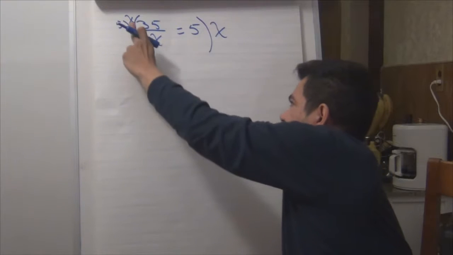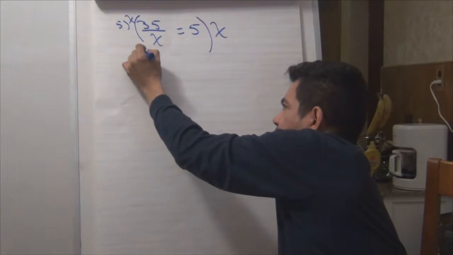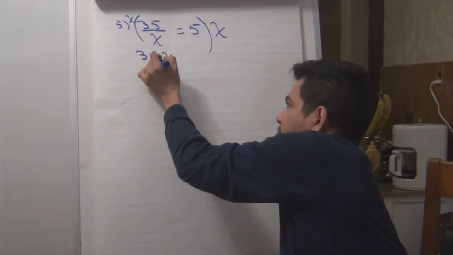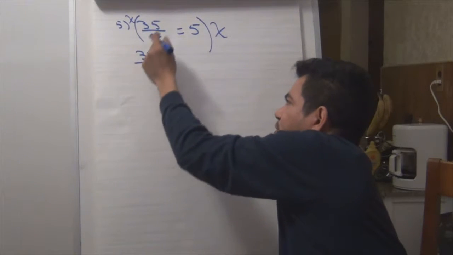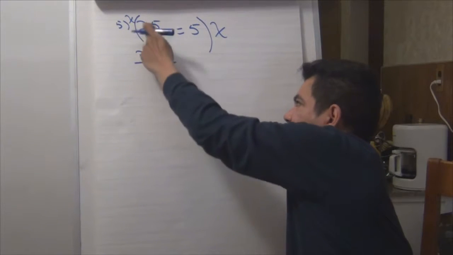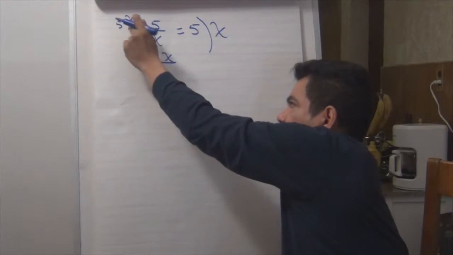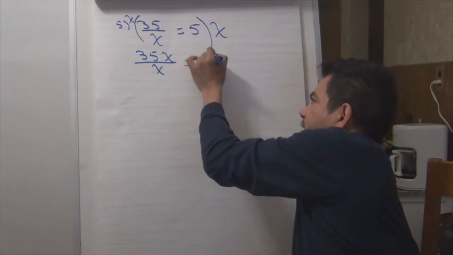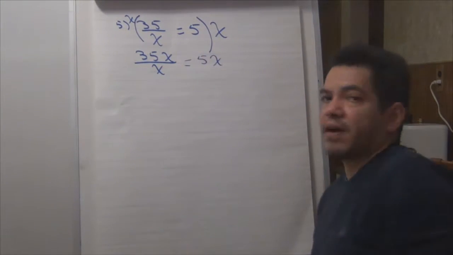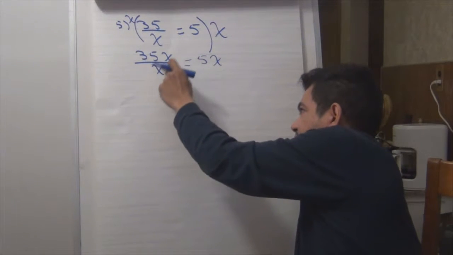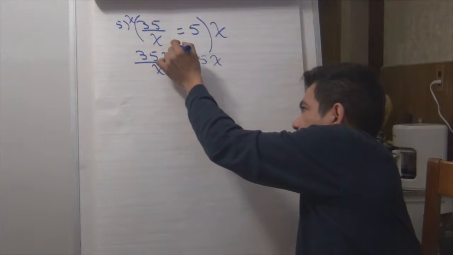So what do I have here? X times 35 becomes 35x, and then over x. If you want to put a 1 under the x, that's fine. All right, and equals 5x, because 5 times x is 5x. Now, look at this. When you multiply and divide by the same number, they cancel out.